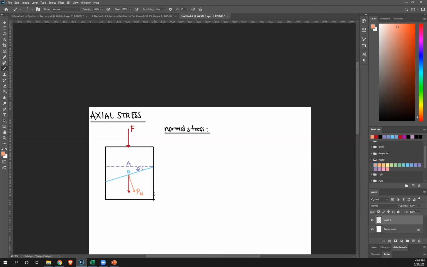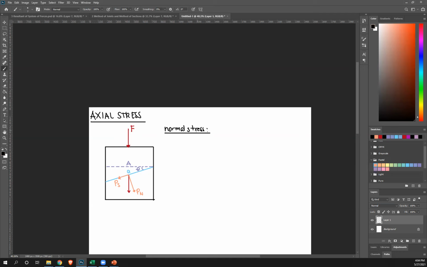Next, this force which is along the area, parallel to your area, that's shear force, right? That's Ps. Okay, so we have your general force here. These are your normal forces in relation to your area, and then this is your shear force in relation to your inclined area.